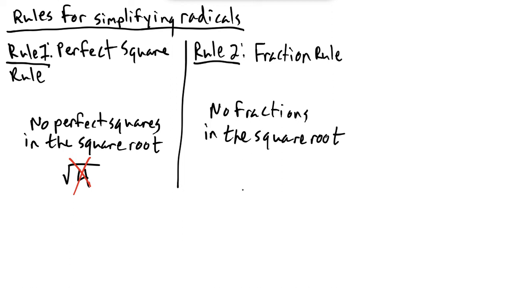So no fractions inside the square root. If you had something like the square root of 3 divided by 4, we have a fraction inside the square root. That breaks this rule. This is not a simplified radical.